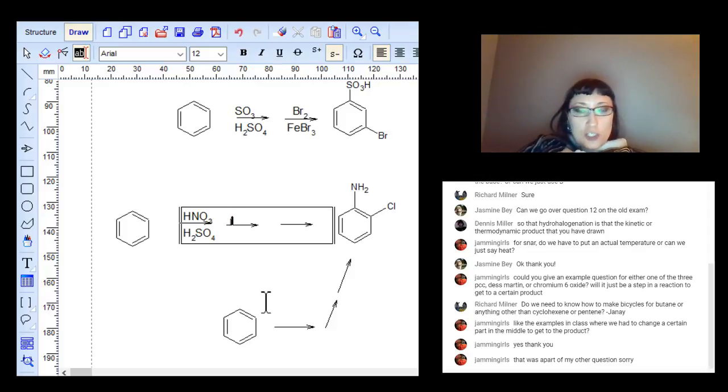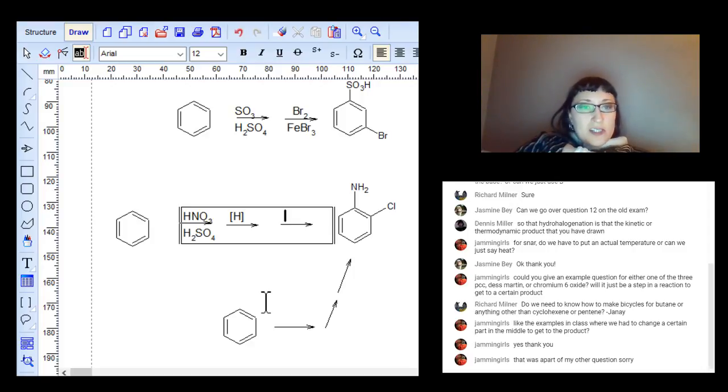I showed the class that we could do that in the following way. We didn't learn the reagents for that. They're actually in your book. You can look them up if you're interested. But we just said we could look at it as an oxidation or a reduction reaction.